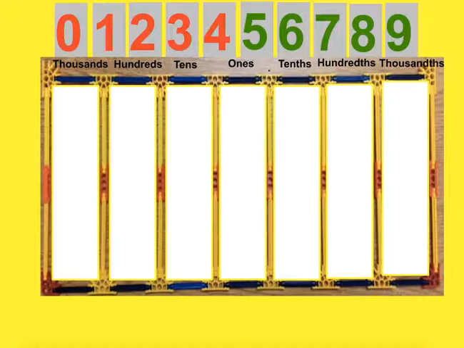I have 1 in the hundreds place, so I'm going to put a 1 in the hundreds. I have 10, remember, in the tenths place. So write 10 in the tenths place. I have 39 in my ones. And I have 1 in my tens place.